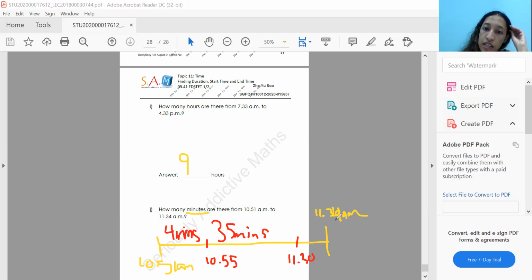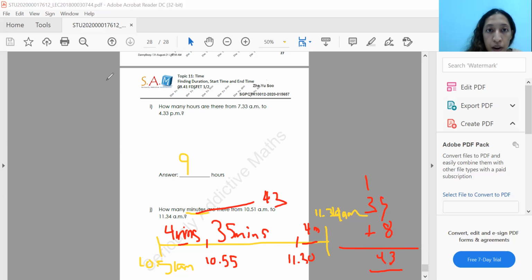So 11 to 11:34 would be 4 minutes, right? So 4 plus 4 is 8. 35 plus 8 would be 43 minutes. I hope all of you got 43 minutes for this.